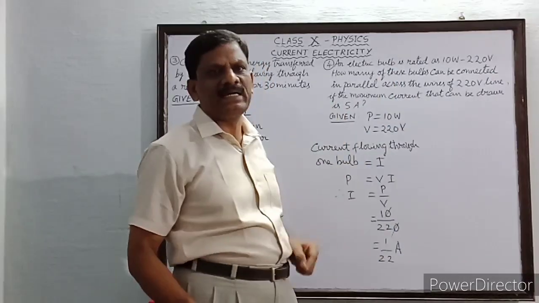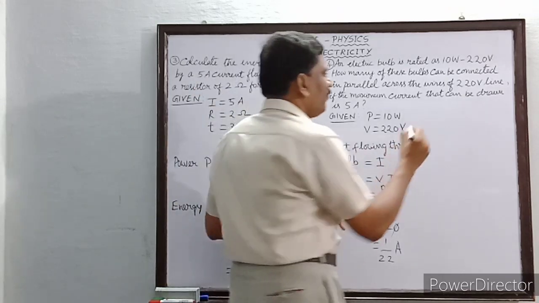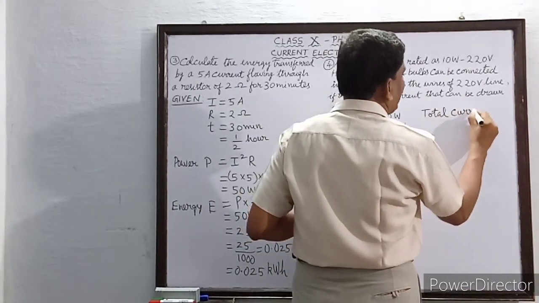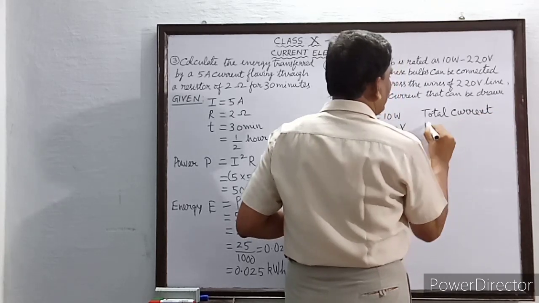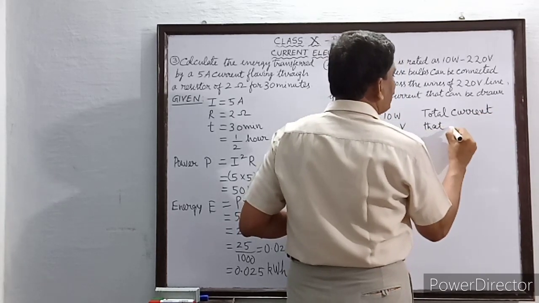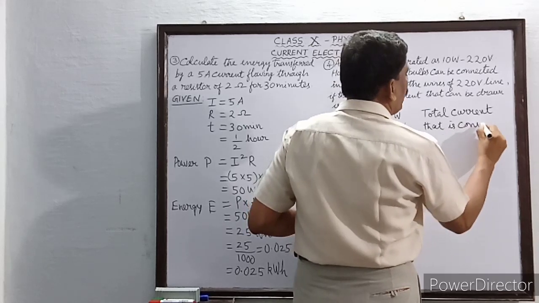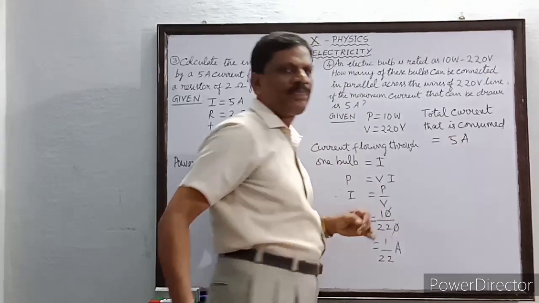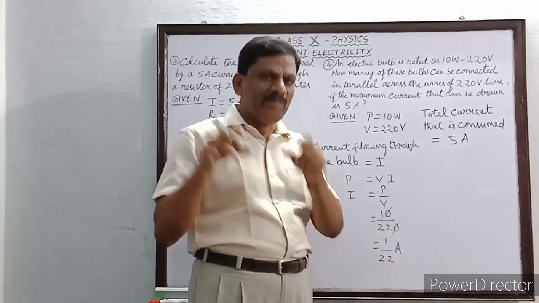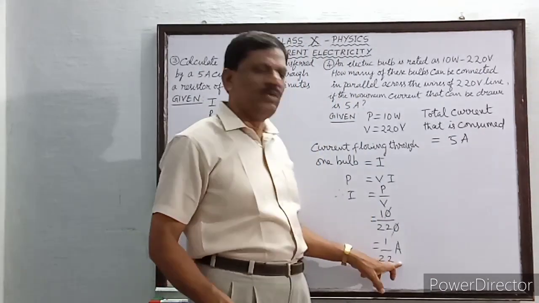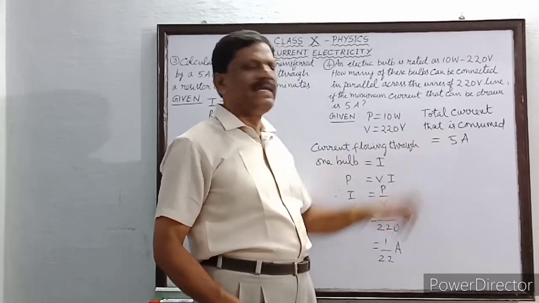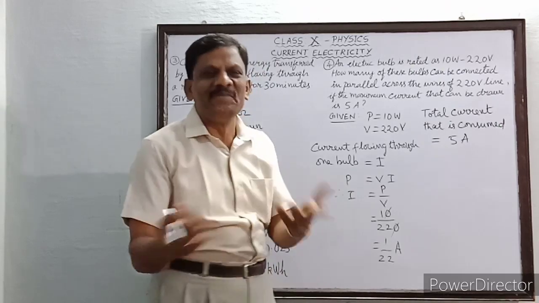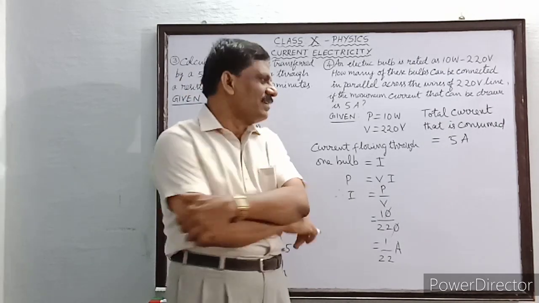The total current that can be consumed must be equal to how much ampere they have given. This is equal to 5 ampere. But how much current every bulb will consume is 1 by 22 ampere. So in this 5 ampere, how many 1 by 22 ampere are present? That will give you the number of bulbs. Very simple. Is it not?